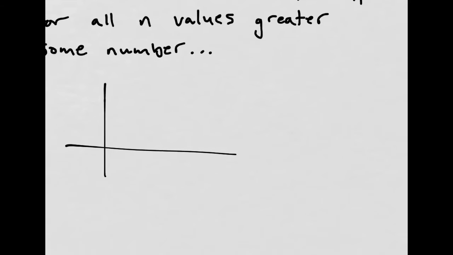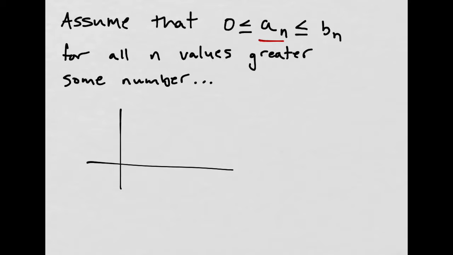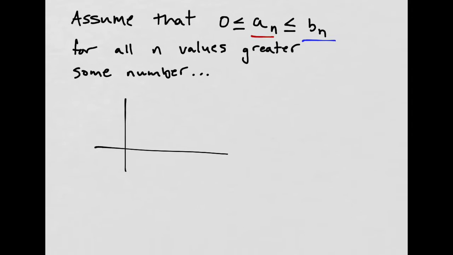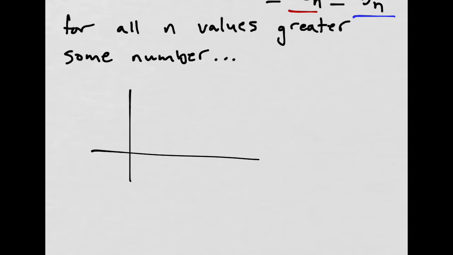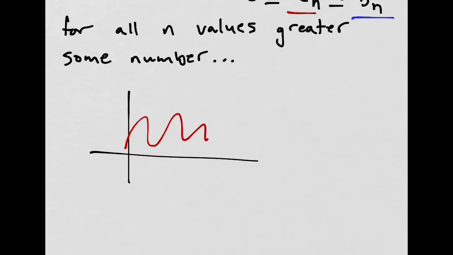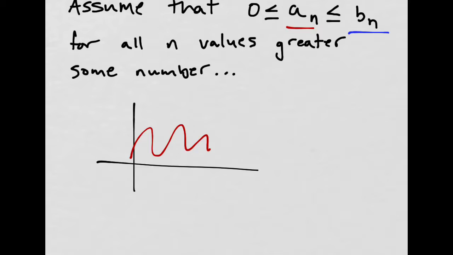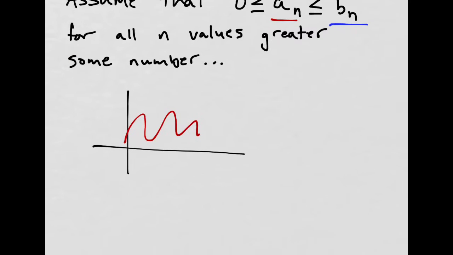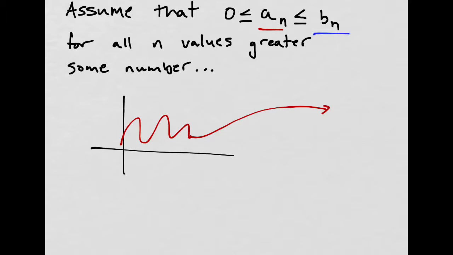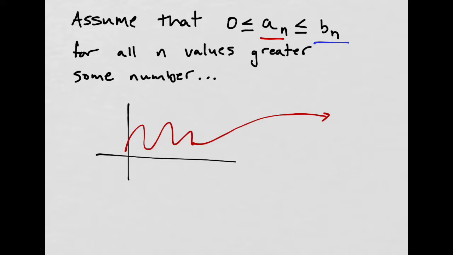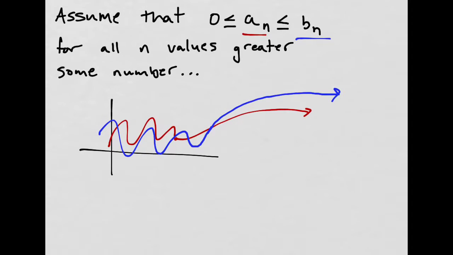So suppose A sub n is going to be red, B sub n is going to be blue. A sub n could do anything that it wants at the very beginning. But after some n value, after some number, I could have some sequence B where B is the top function.